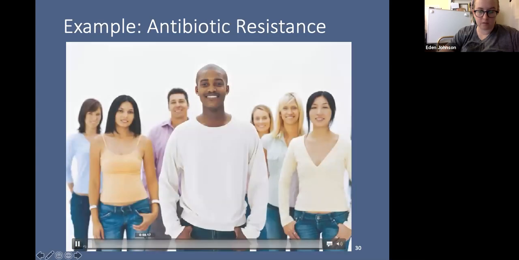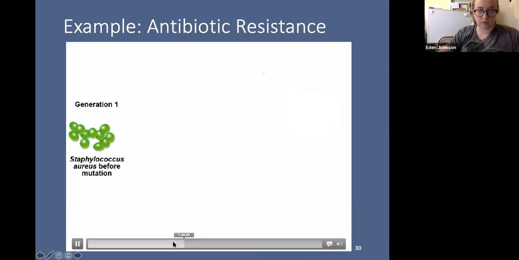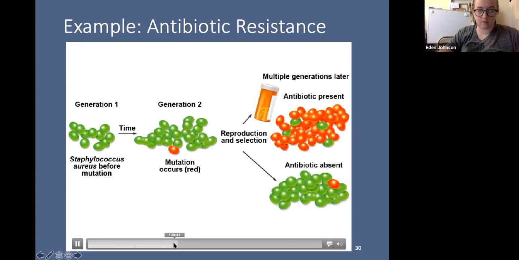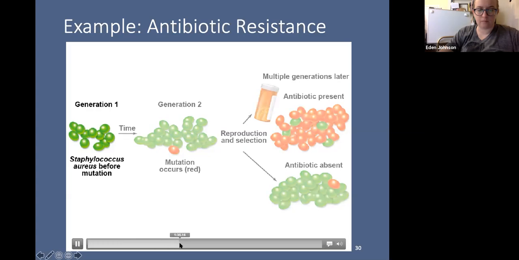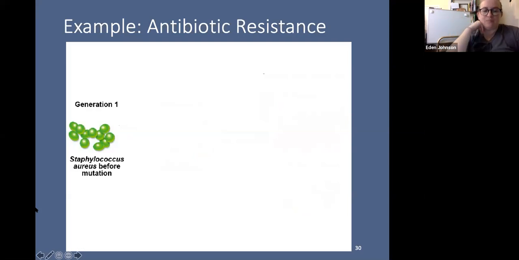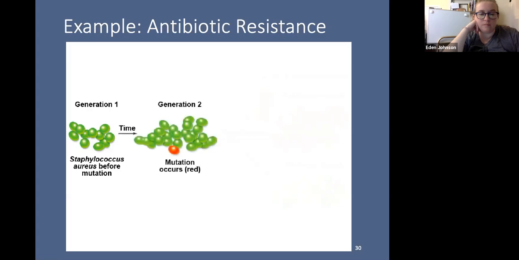Antibiotic resistance in bacteria occurs in one species of bacteria. Let's explore how a population of bacteria might become increasingly resistant to antibiotics. Suppose that all individuals in a population are vulnerable to antibiotics, as they are in generation 1. Over time, mutations will occur.